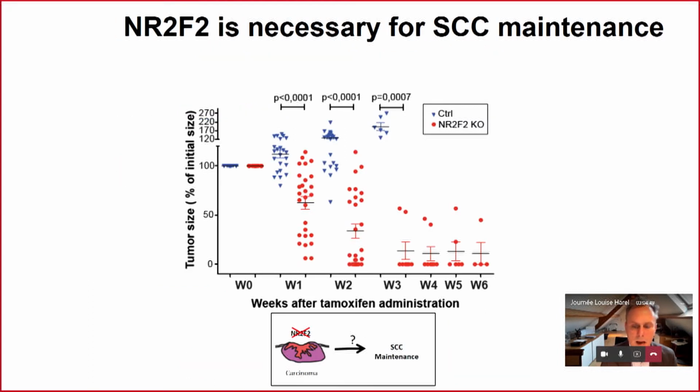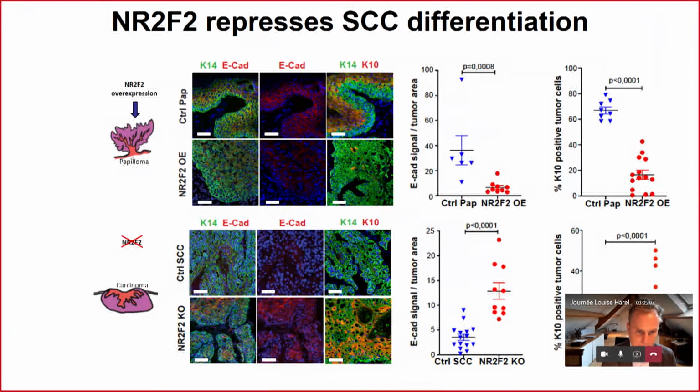Yes. Much more importantly, for the therapeutic application, when we delete NR2F2 in an already fully formed invasive tumor, this tumor regresses very rapidly, and within 3 to 4 weeks, it is completely gone. Next slide. And something very interesting is that when we delete NR2F2 and the tumor shrinks, all of a sudden the cells begin to re-express markers of benign tumor and markers of terminal differentiation, such as keratin 10.